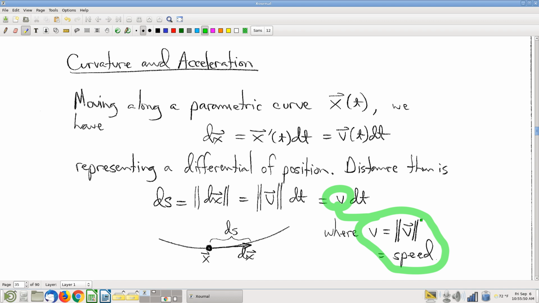It's a lot to write down when I just want to talk about speed, right? The magnitude of the velocity. It's just speed. So be aware. You've got to be careful in this class as to whether you're talking about v representing the velocity vector, where you put the little arrow head hat over it, versus if you want to talk about speed, you just write v with no little arrow over it.